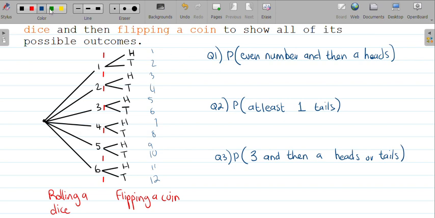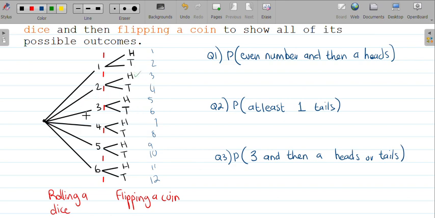Question 1 is saying, what is the probability of getting an even number and then a head? So it has to be a heads after an even number. Let's try that. Is 1 an even number? No, so that's not a desired outcome. 2 and a heads? Yes, we want that one. 2 and a tails?